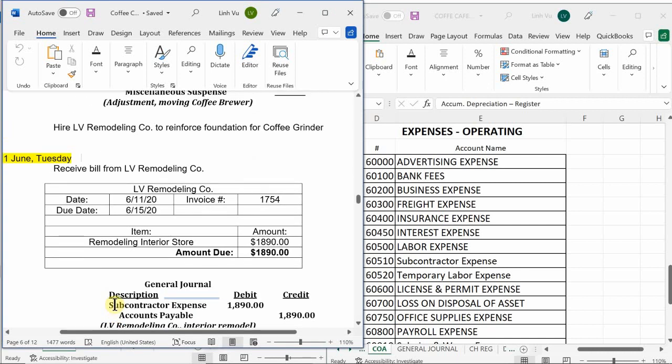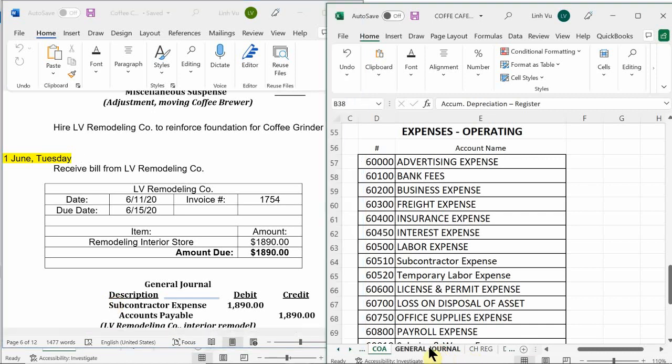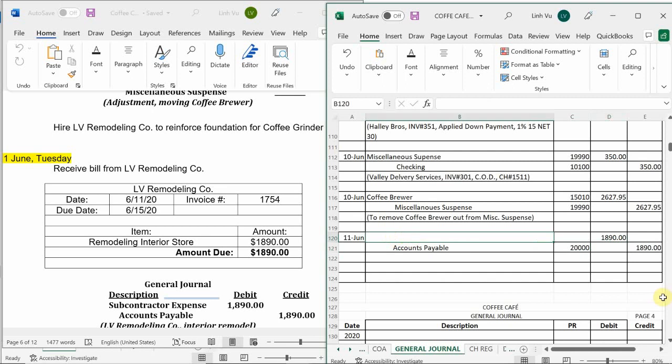So this is, let's see, 6510, for $18.90.